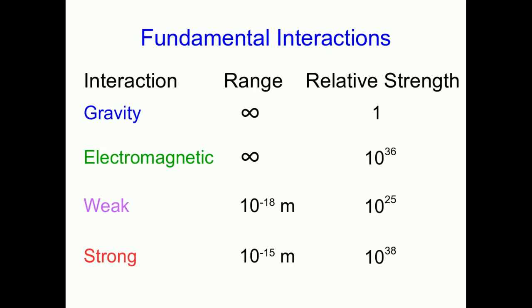Just about every interaction we're concerned with when we're building bridges, building engines, doing chemistry, are in fact various manifestations of the electromagnetic interaction. The remaining two, the weak and the strong interaction, take place on nuclear length scales, and so they won't come into this course very much.